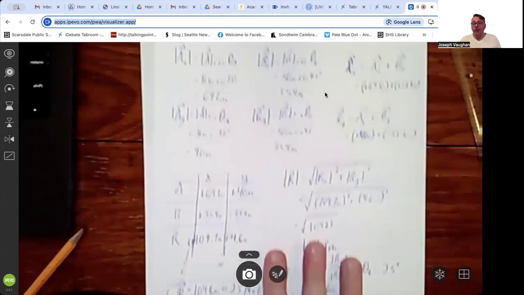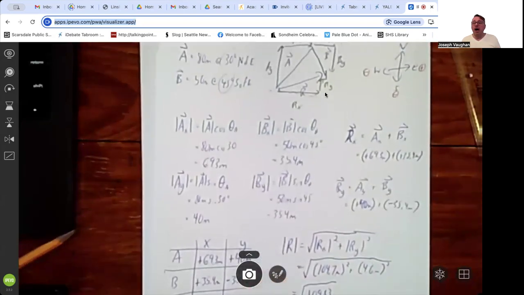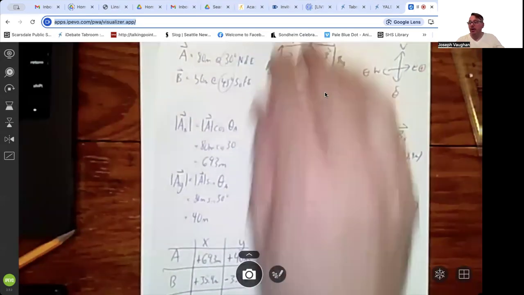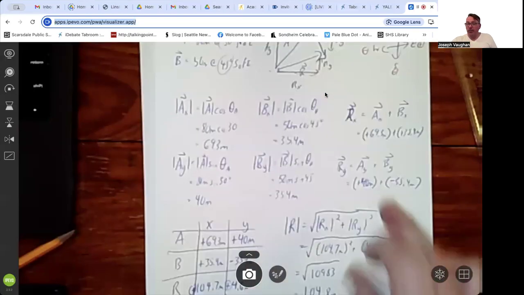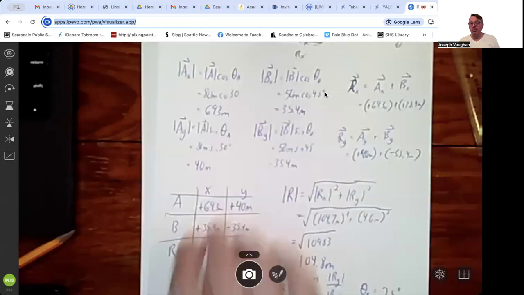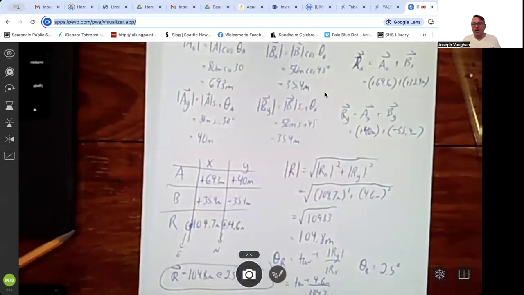But here we go. Now, what I want you to really notice about this is there's a lot of work in this, right? There's a lot of steps that happen. Everything is structured in its own way, in its own place. I got my drawing up front. I have my components. Now, by the way, I don't need to do both of these. These are the same step, just two different ways of doing it. And then I wrote this, and I wrote this in the answer. Nothing's crowding.